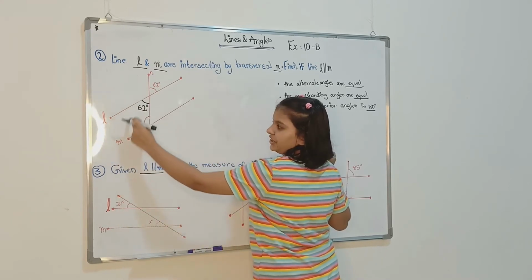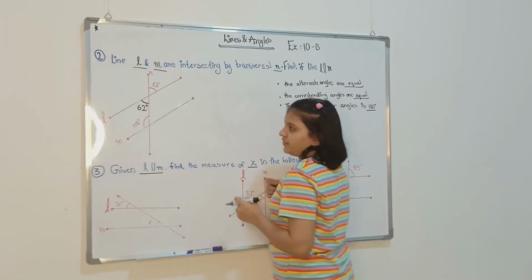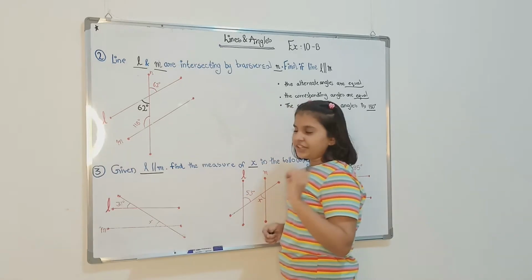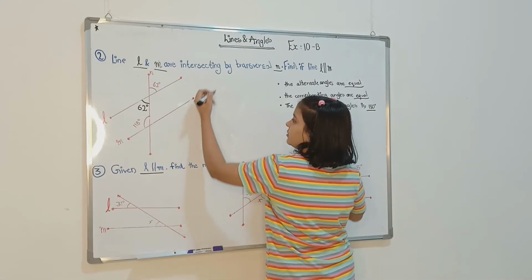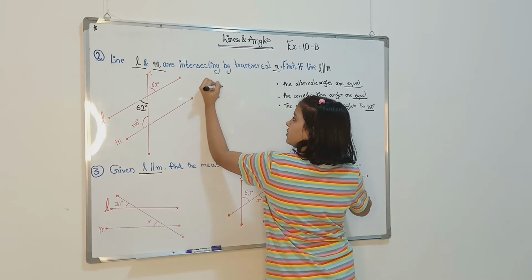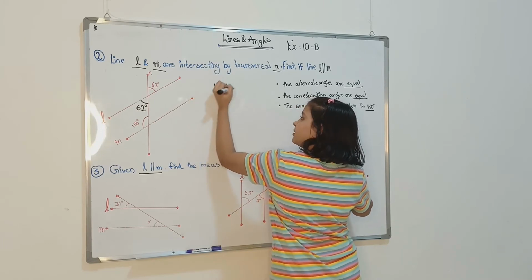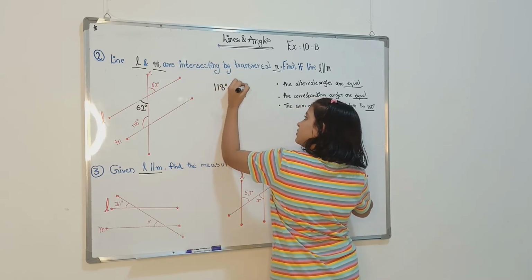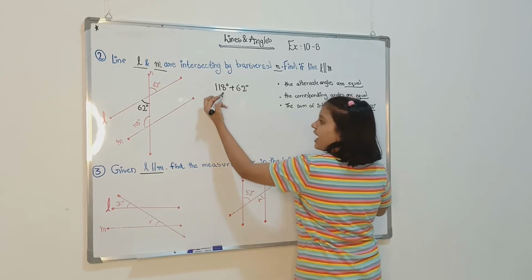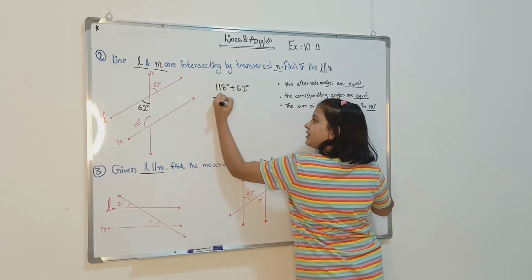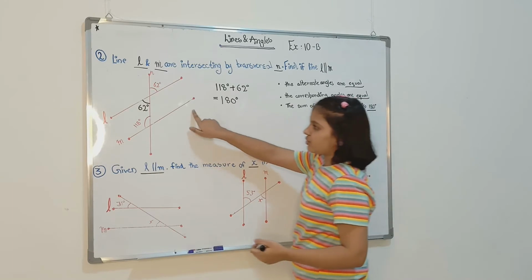Now we have two interior angles. We add them, and we get 180 degrees, which means these two lines are parallel.